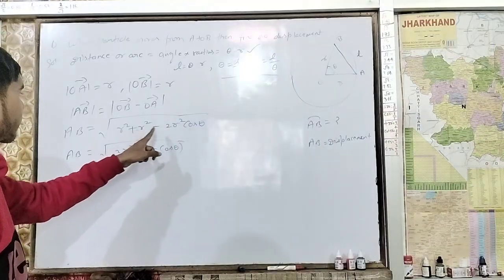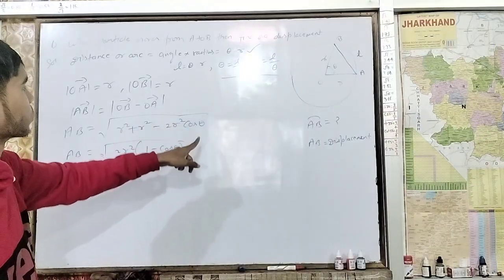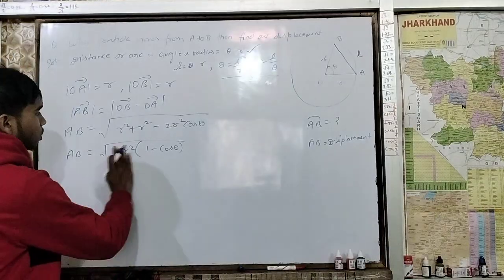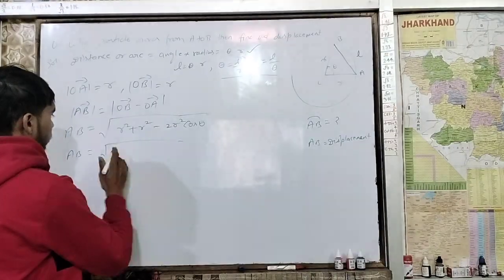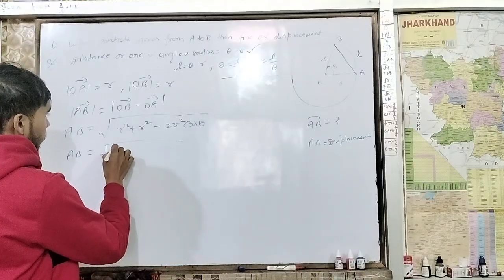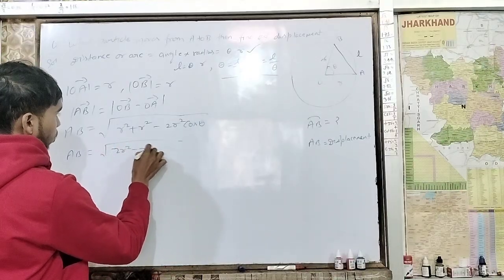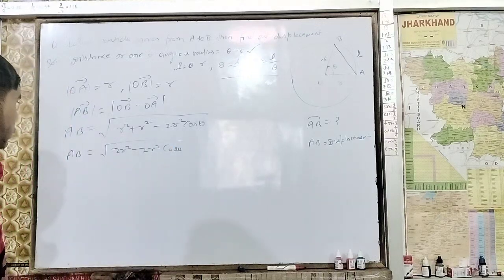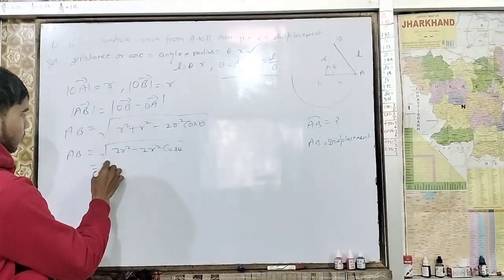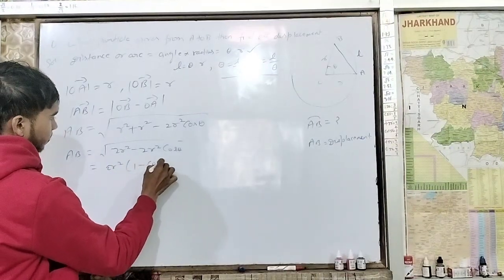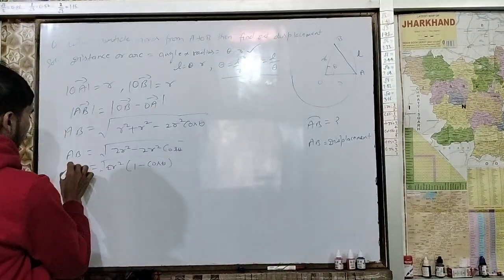One more step I would like to write over here: 2R square minus 2R square cos theta. Both will not cancel each other, not at all. So here 2R square is common, 2R square into 1 minus cos theta.